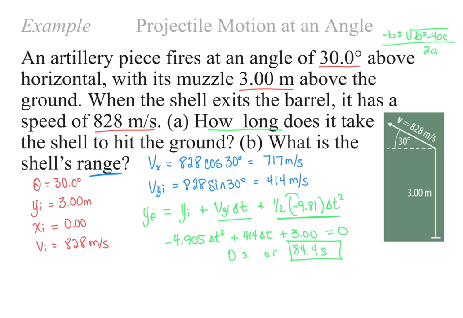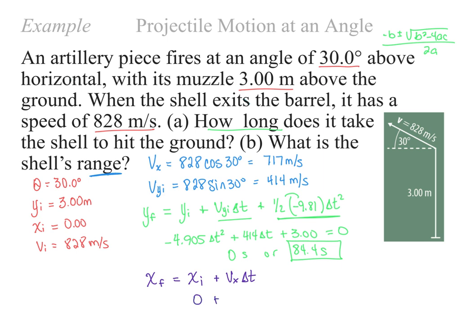The second question says, what is its range? So here's where we go back to our other formula, our x formula. If I need to find out its final position for x, I do the initial position plus the velocity of x times how long x was in the air. Initially, x was just at 0, right?